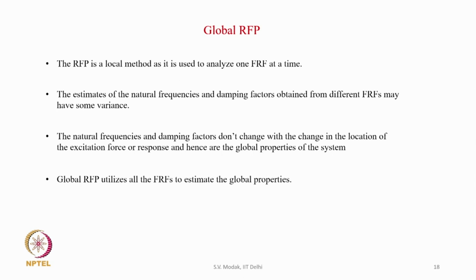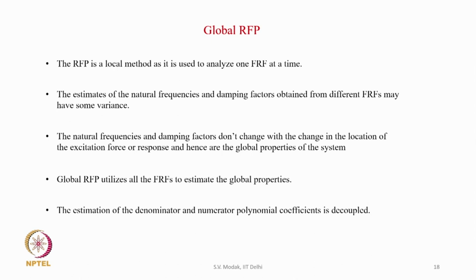And how is that done? We saw that in the local RFP, the formulation we just discussed finds the numerator as well as denominator polynomial coefficients simultaneously, and that is done for each FRF separately. In the global RFP, the estimation of denominator and numerator polynomial coefficients is decoupled.